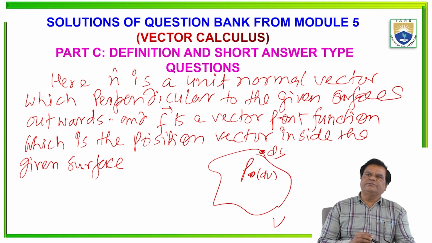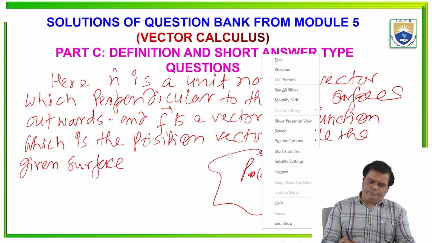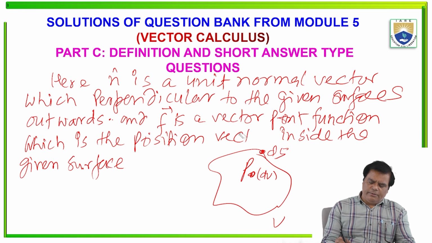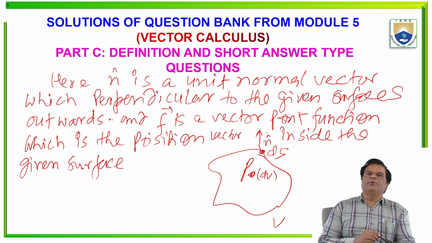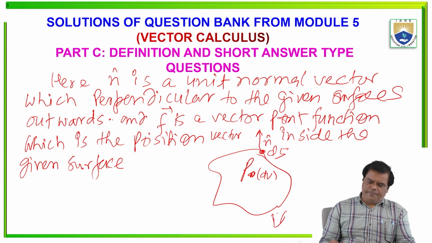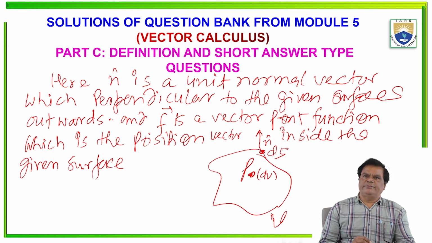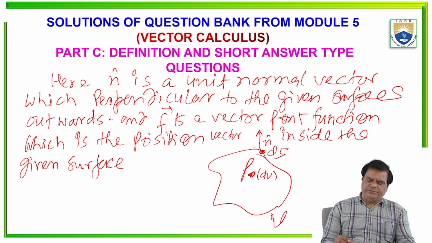This is ds, any elementary surface, and n is the normal vector which is perpendicular to it. The total volume is V, dV is the elementary volume at a point, and ds is the elementary surface.